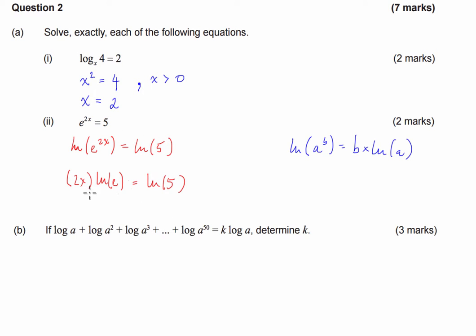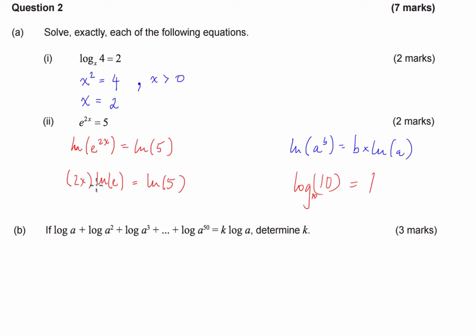Now, ln of e, because the natural logarithm is just log to the base e, any logarithm of whatever's in the base, like log to the base 10 of 10, always equals 1.